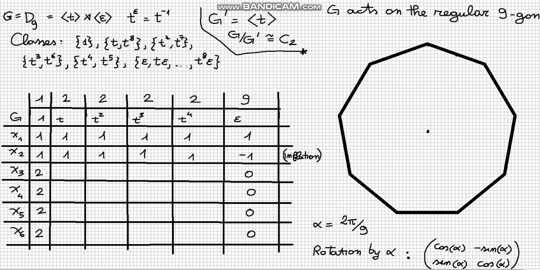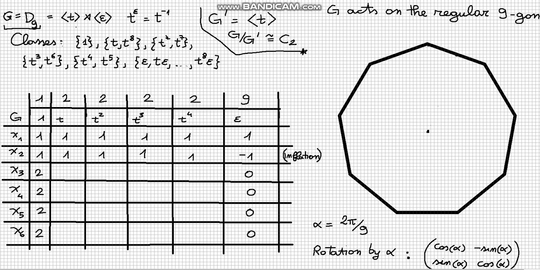Hello, today I'm going to talk about the dihedral group of degree 9, which is a group with 18 elements.